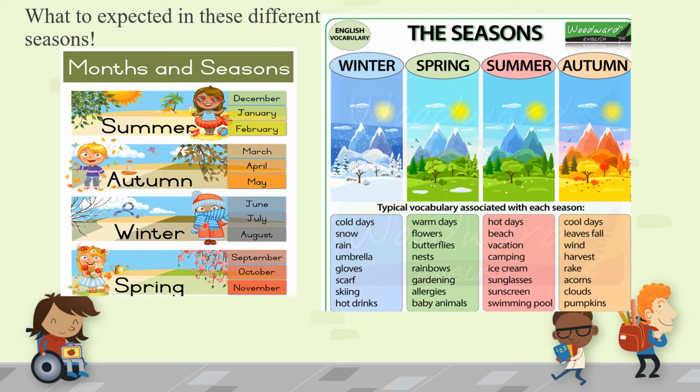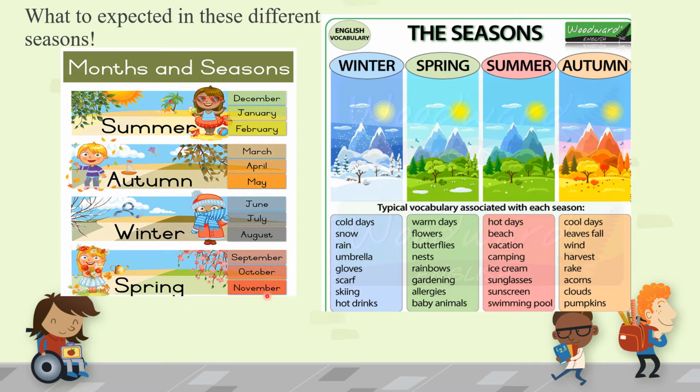Winter, very cold days. Some parts of South Africa, like the northwest, very far from the beach, experience snow, and rain for the coastal areas of South Africa. We use a lot of umbrellas and gloves when we're going to school, snuggle up in our blankets and drink a lot of hot cocoa.